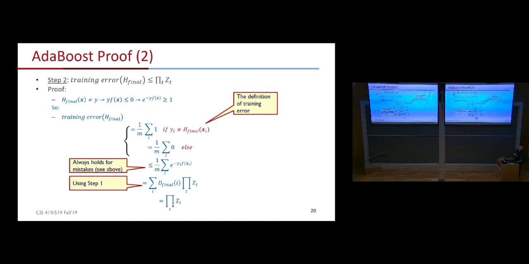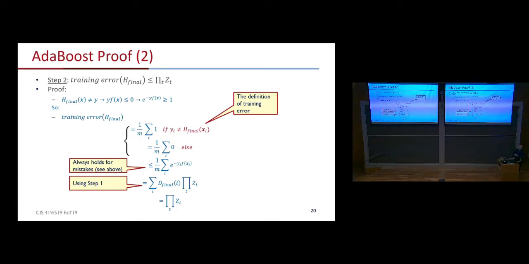And the last step is basically using step 1. Basically go to the previous slide and replace the definition of this Z_t that I showed before, and you'll just see that that's what we get, e to the minus y_i f of x_i. How do I get from here to here? This is maybe the more interesting step that I wanted you to think about, because the weighted sum of all of them should be 1 always.